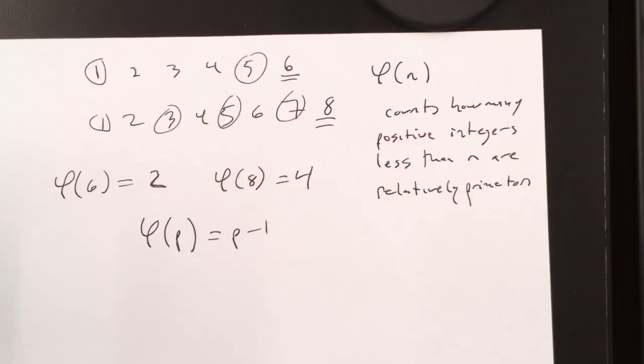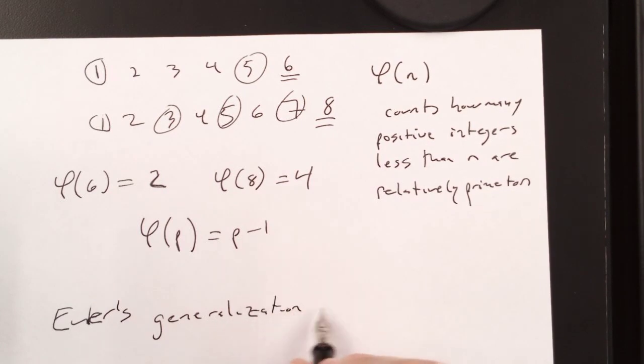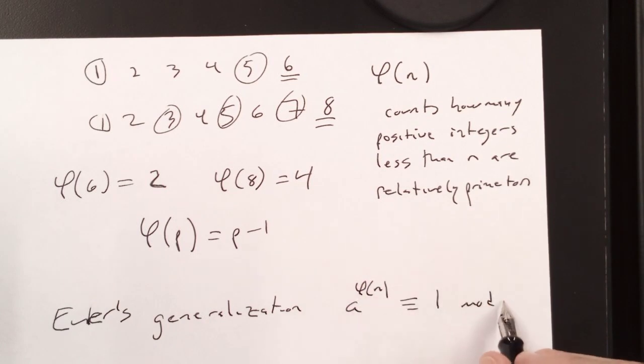Euler was able to generalize Fermat's little theorem, as long as A does not divide n.